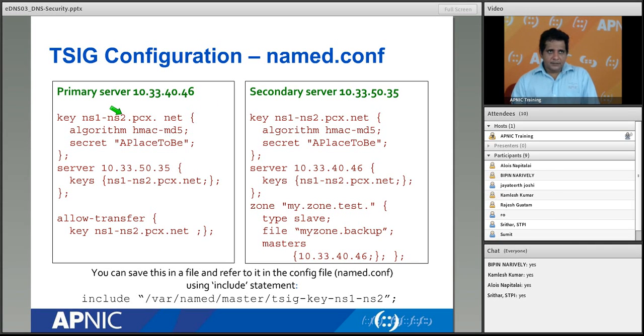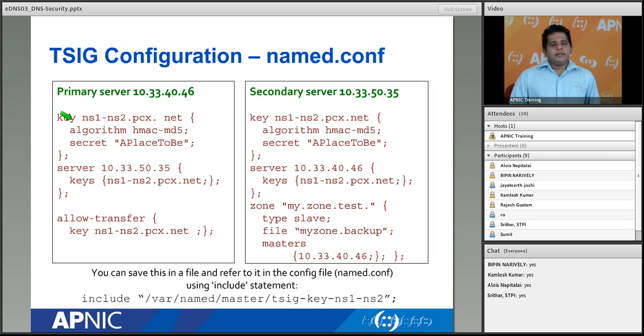This is the primary server IP and this is the secondary server IP. Here we are not showing you the full named.conf because named.conf generally consists of a lot of other zone statements and various other parameters and options. Just for clarity, in the slide we show only the key statement, the server statement, and then of course your allow-transfer statement here.